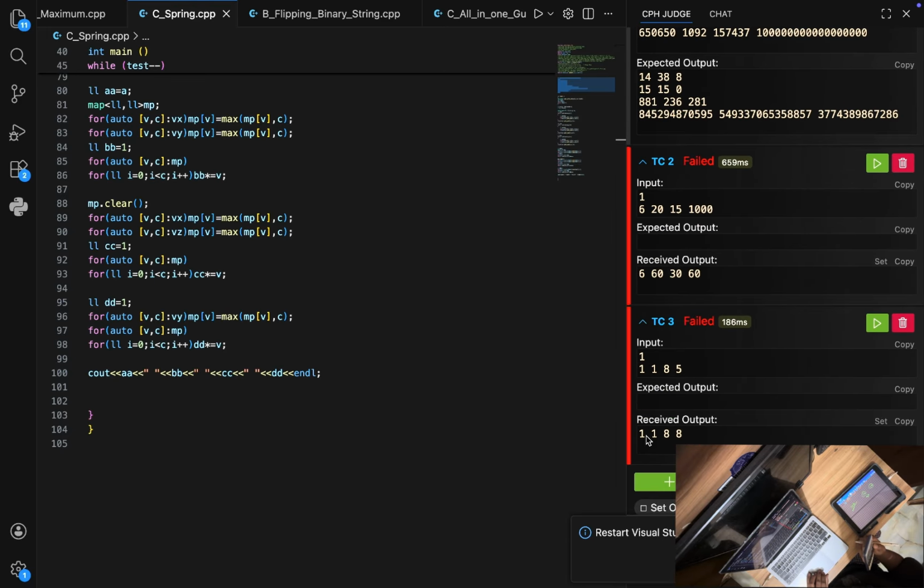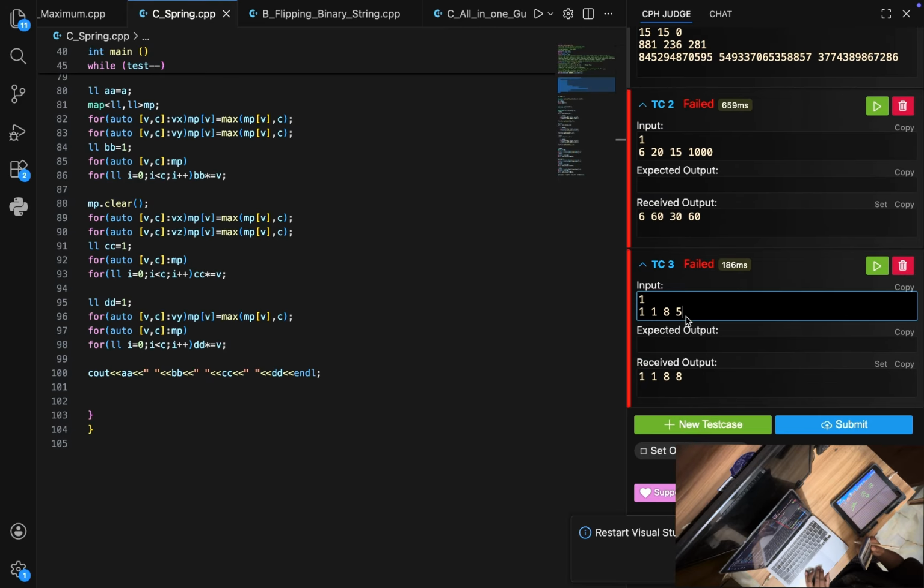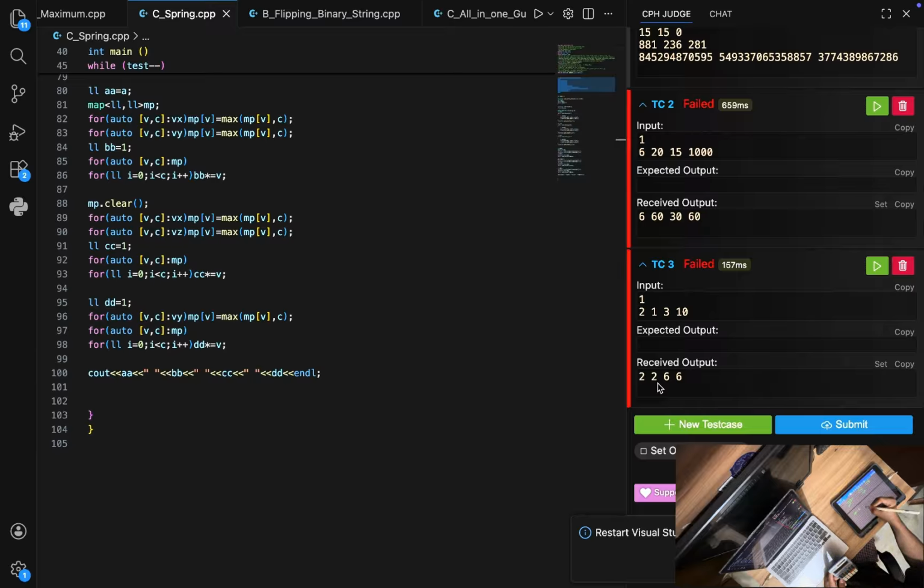1188. 2 to 6, 2 to 6. For 2 I get 5 into 6, that's 30, minus common of AB is 2 into 3, that's 6, minus then 6 into 3, that's 18.